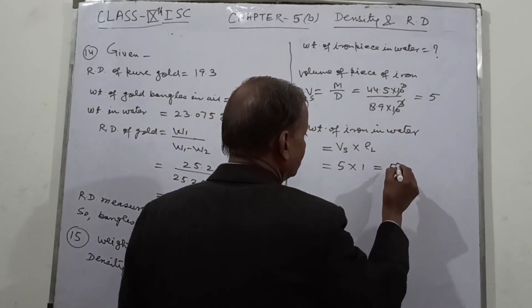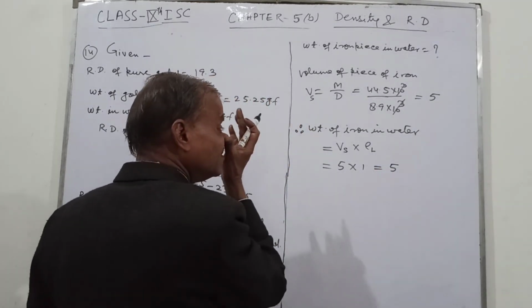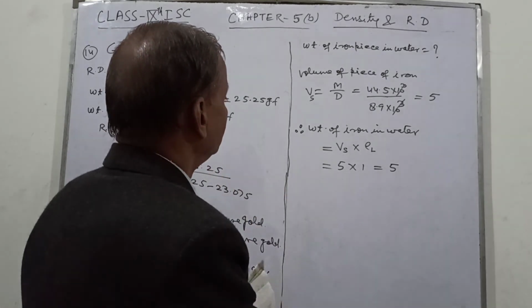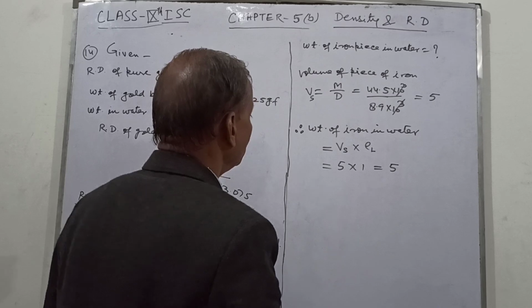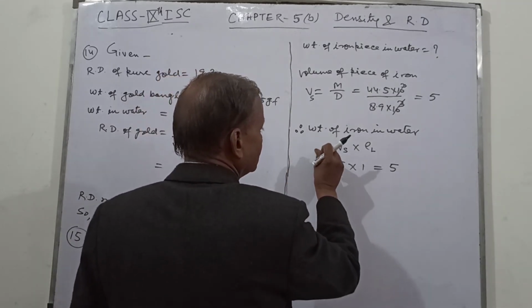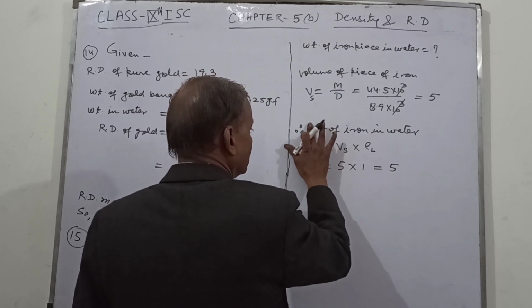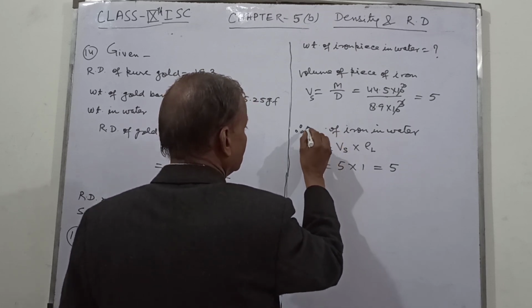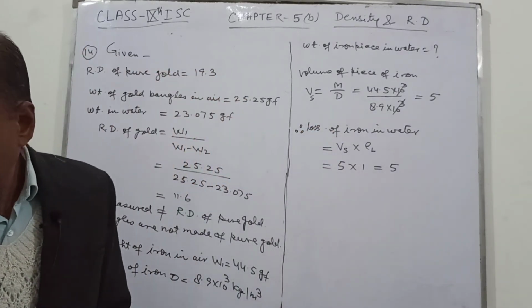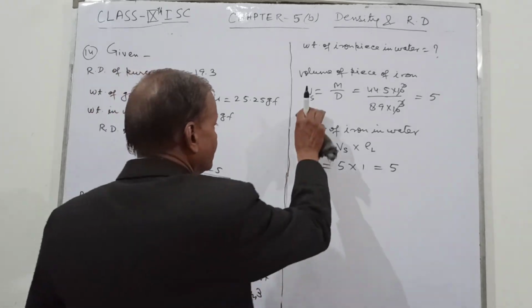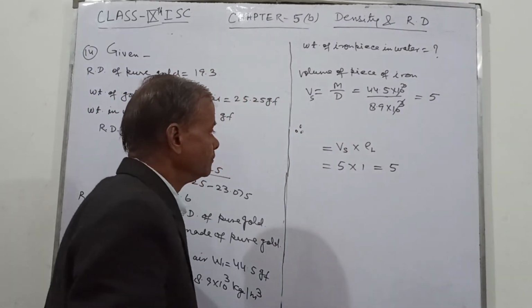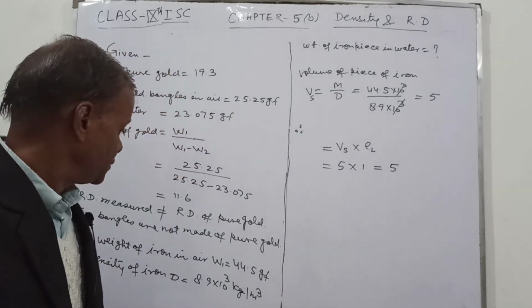So now this is equal to 5. So this will give you the loss in weight. This is the upthrust. This should be the answer.